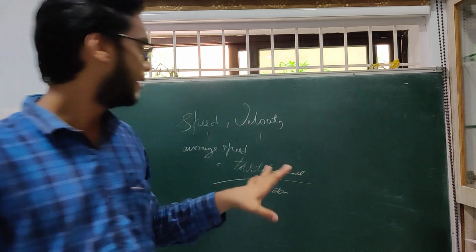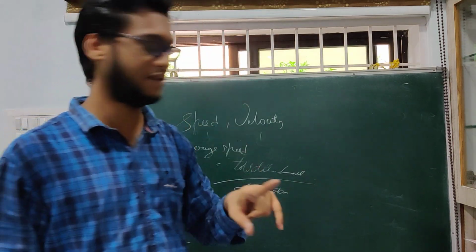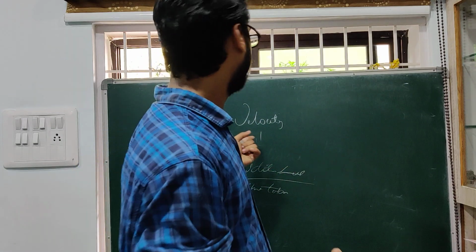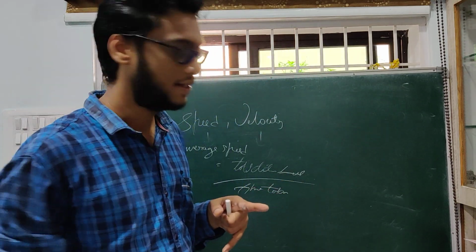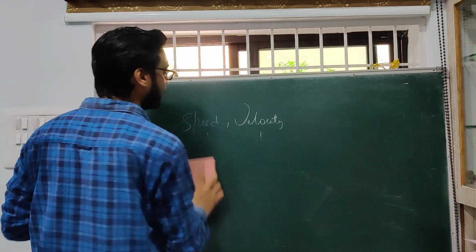So this is one you can remember also. Average means you take the total, the total distance traveled by time taken. Now average velocity, same. Average velocity is nothing but displacement by time taken. These are few you can remember, and these are very important also when you go with your classes.